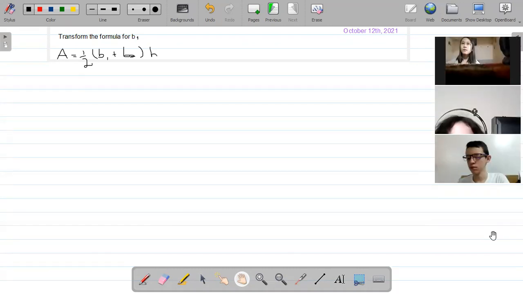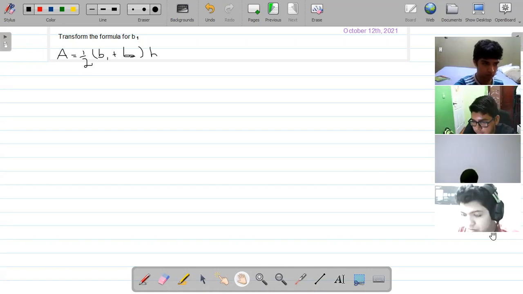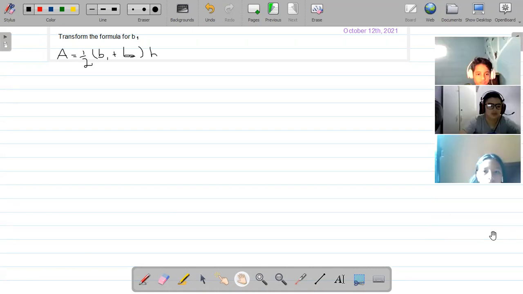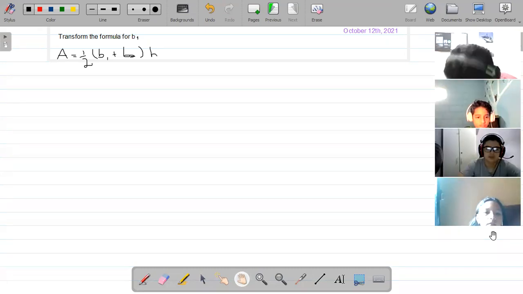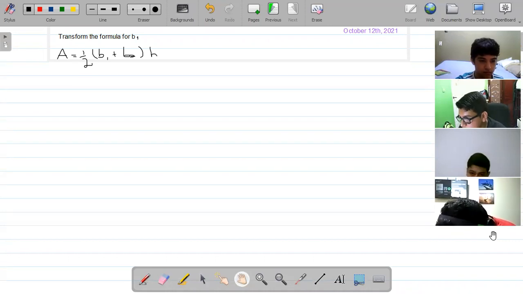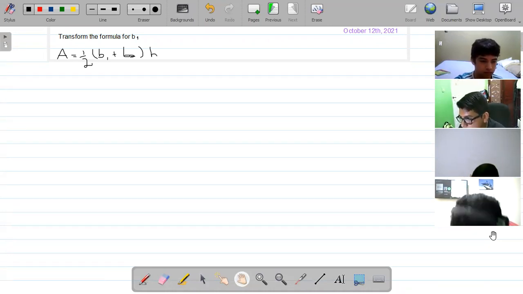Anyone? Inverse operation of an addition? Subtraction. A subtraction. Inverse operation of multiplication. Division. A division. Inverse operation of a subtraction.